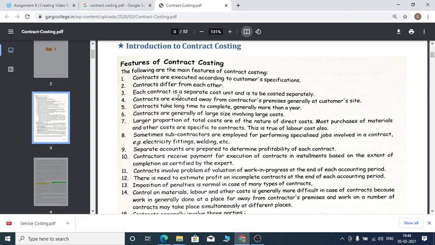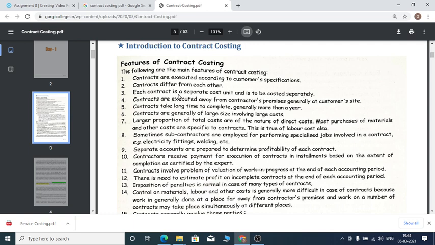Basically, contract costing deals with calculating the cost of construction activities. As we all know, construction activities include the construction of flyovers, bridges, roads, airports and residential buildings. Being a contractor, your first job is to calculate the cost of the contract that you have undertaken.